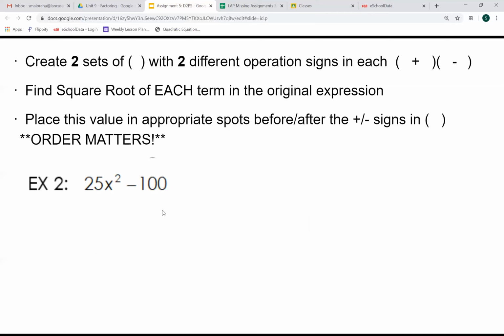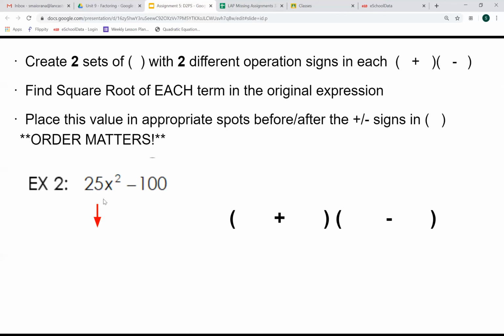Second example, 25x squared minus 100. Again, notice I have a difference, because of the subtraction, of two terms, both of which are perfect squares. I can take the square root and get a nice pretty number. So let's work through our process. Create your two sets of parentheses with a plus and a minus. Take the square root of each term.